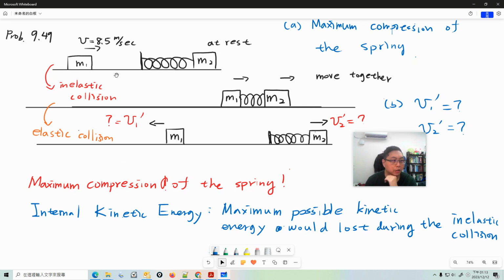Because the first part is the inelastic collision, there must be some kinetic energy lost.